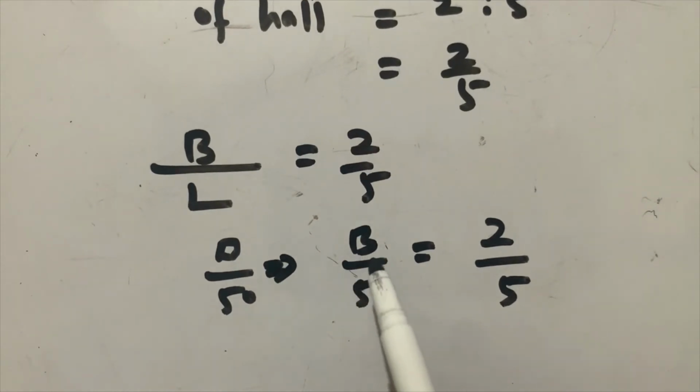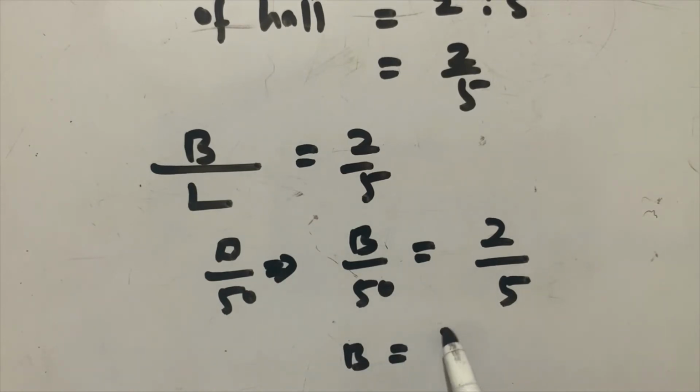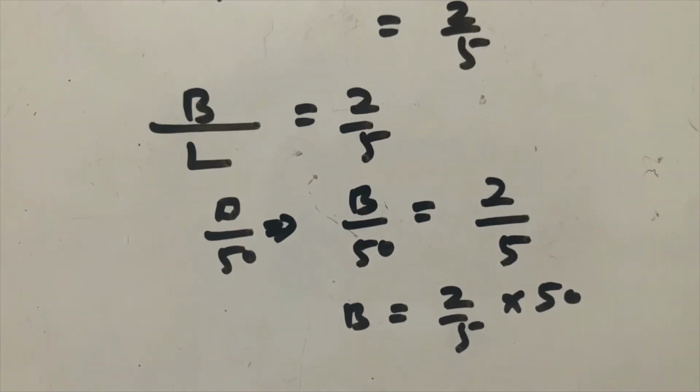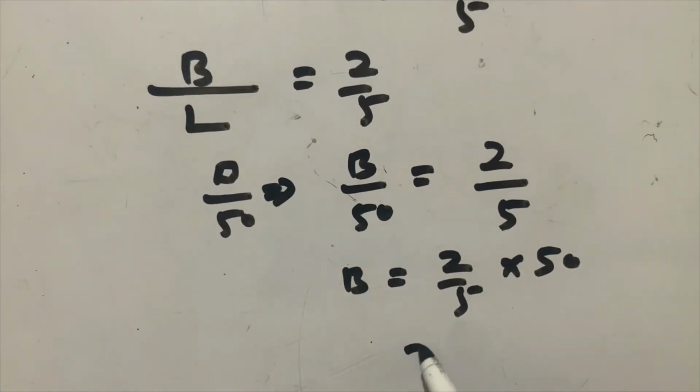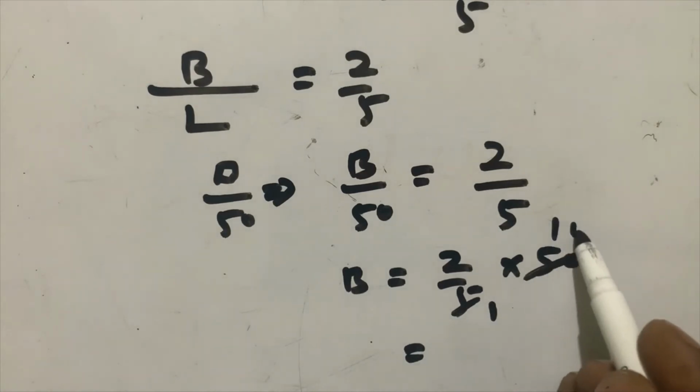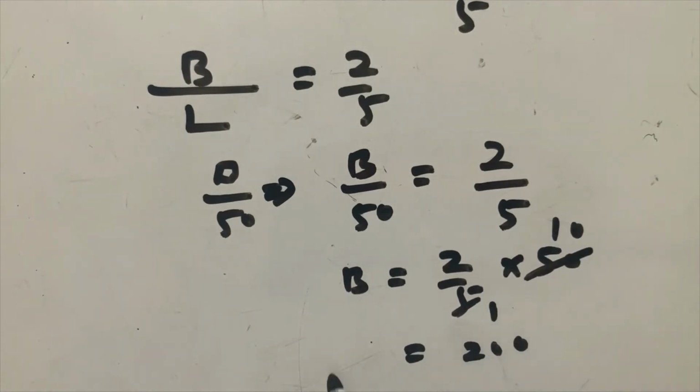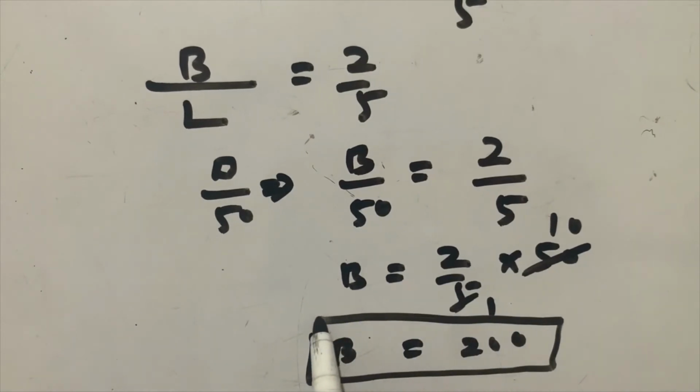Therefore, breadth can be found directly from 2/5 into 50. Now we will cancel out 5 as a 5, and 5 zeros means 200. The breadth is 200.